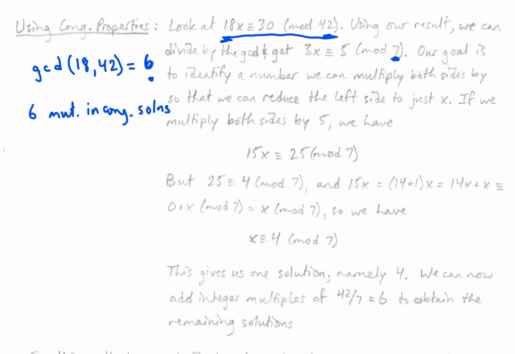Now, at this stage, once you have divided every number by your GCD, the whole goal is to multiply both sides here, the 3x and the 5, by some number such that when you look at the left side, you'll get some whole number times x. You want to try to find a nice whole number that when you multiply that left side by, and you take the coefficient on the x mod 7, you get something that is ideally 1.